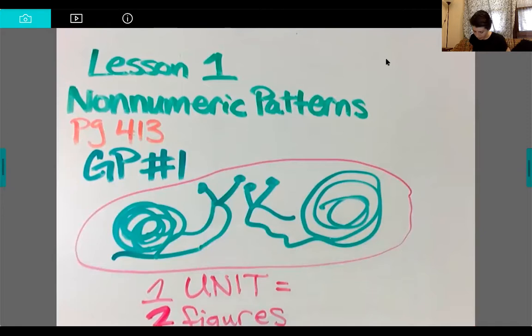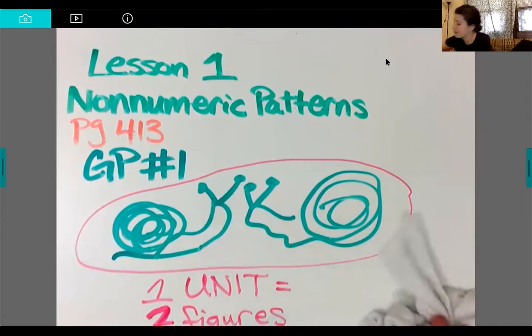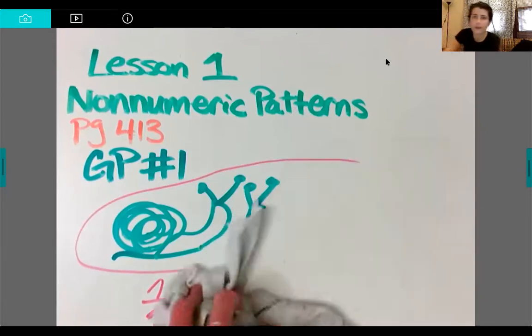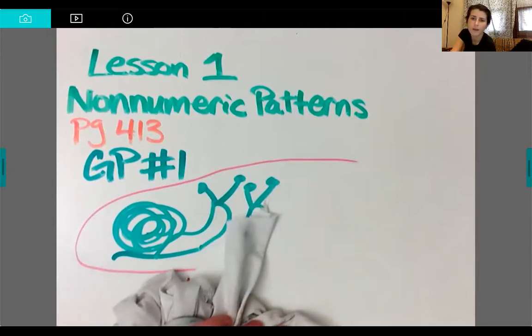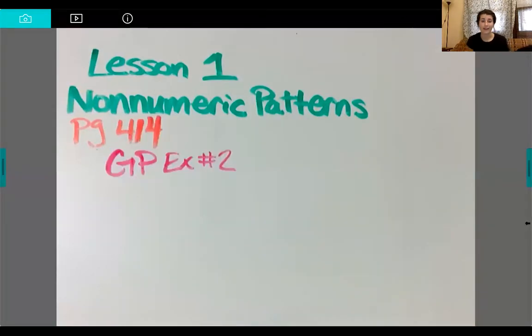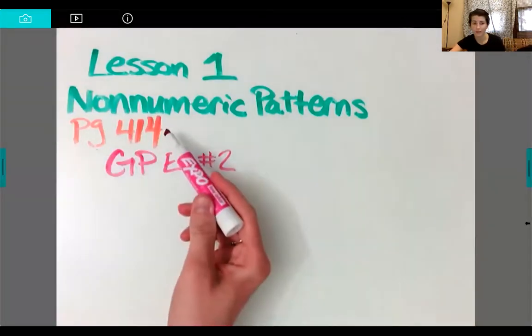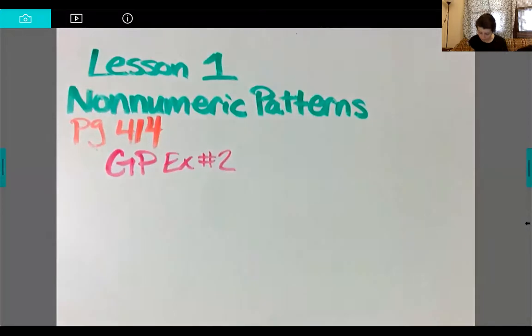Excellent. All right. Now, example 2. All right, we're on page 414, guided practice, example 2. This is an example of a growing pattern.